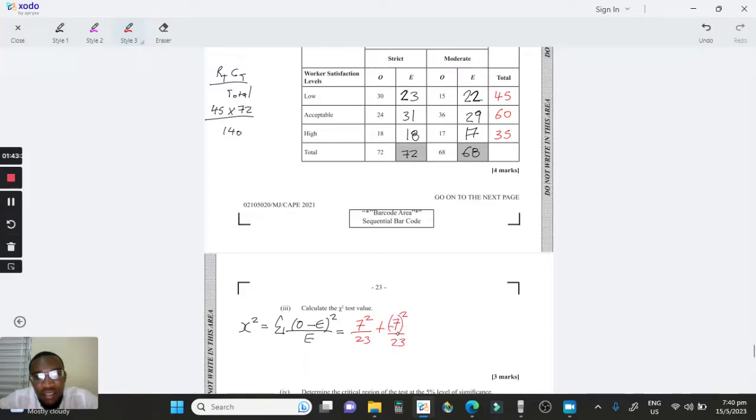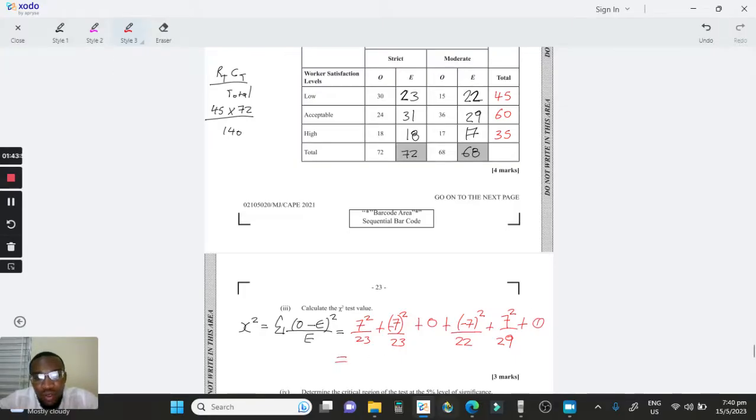Then 18 minus 18 is 0, plus 15 minus 22 is negative 7, squared over our expected value, 22, plus 36 minus 29, that is 7 squared over 29, plus 17 minus 17 is 0.